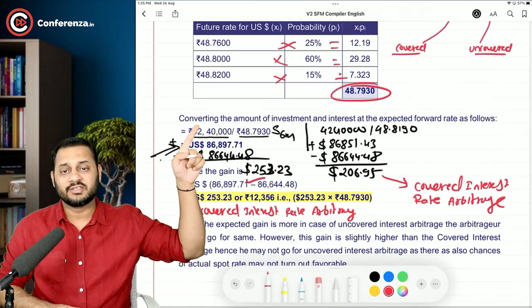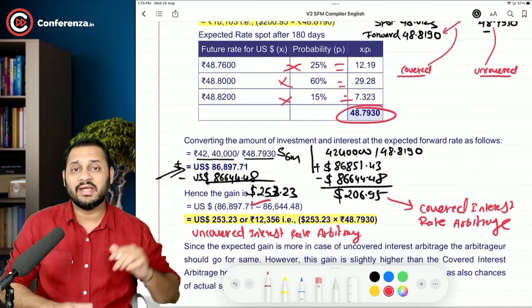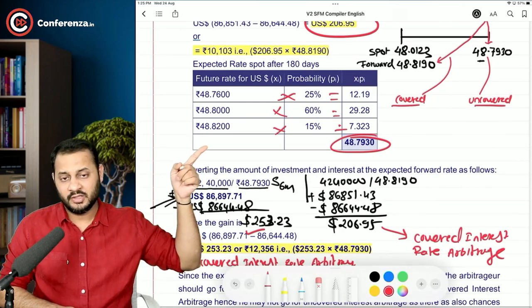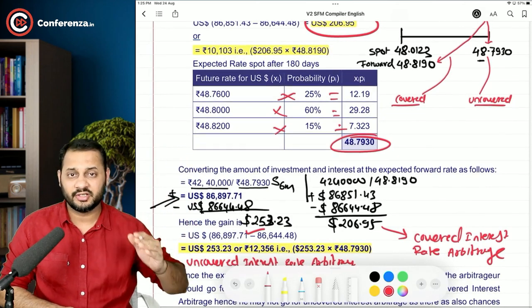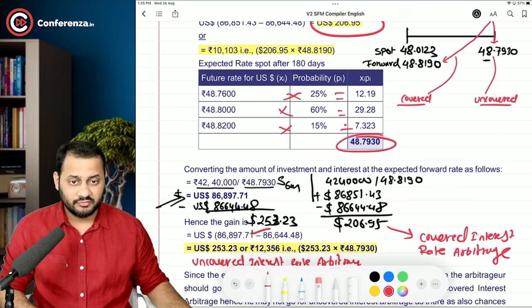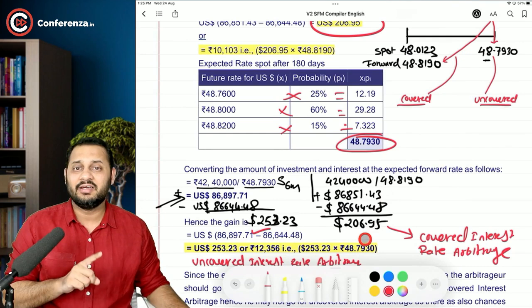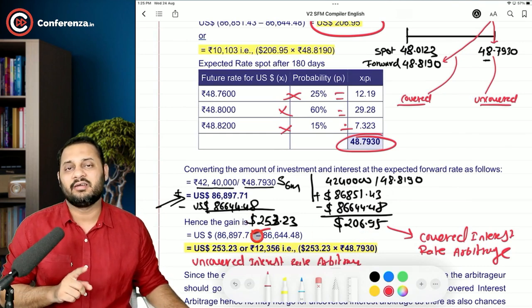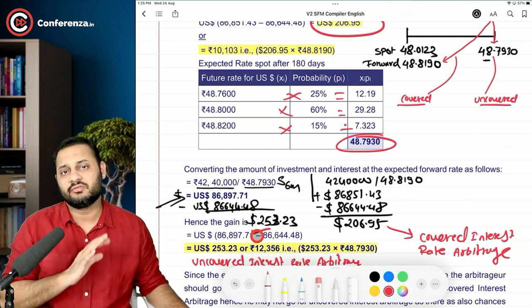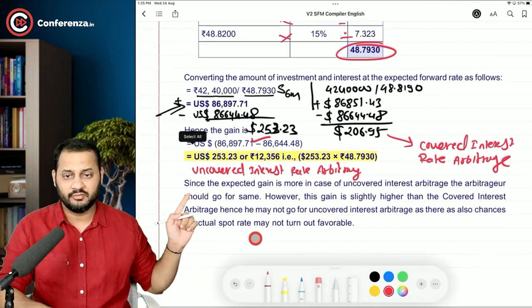But these rates, 48.7930, are expected spot rates. It will change for sure in reality, but this forward rate is a fixed rate which you can fix today. So this is a guaranteed gain and this is a non-guaranteed gain. Now you decide which you want. See, read it with me.